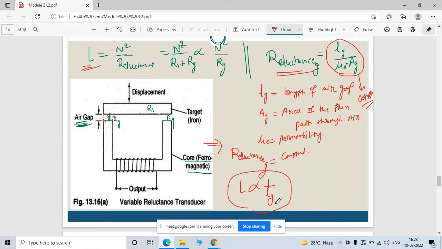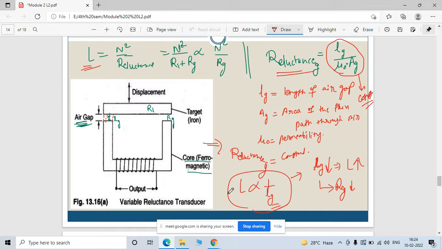When Lg decreases, then the L value increases. And when Lg decreases, then the reluctance decreases. This is directly proportional and this is inversely proportional.